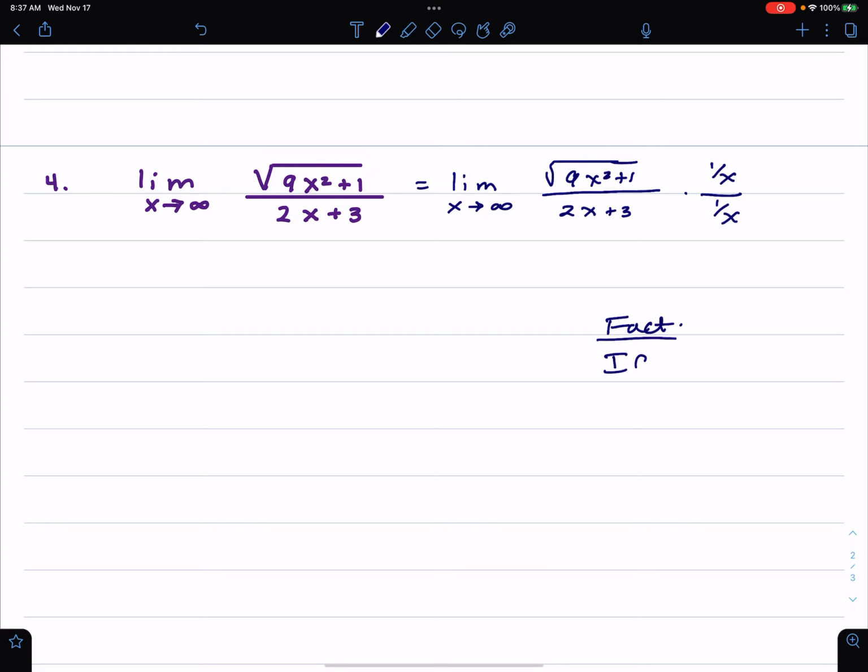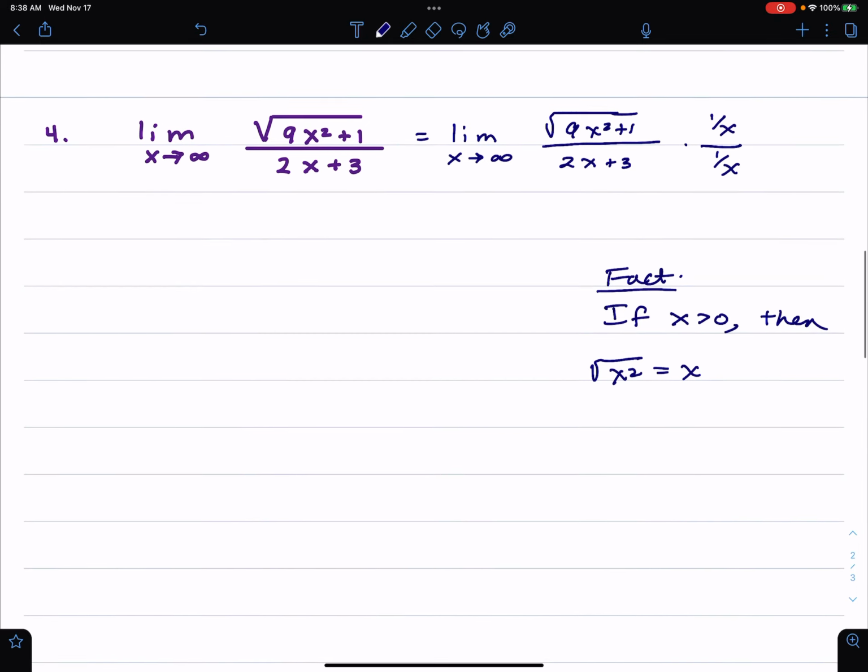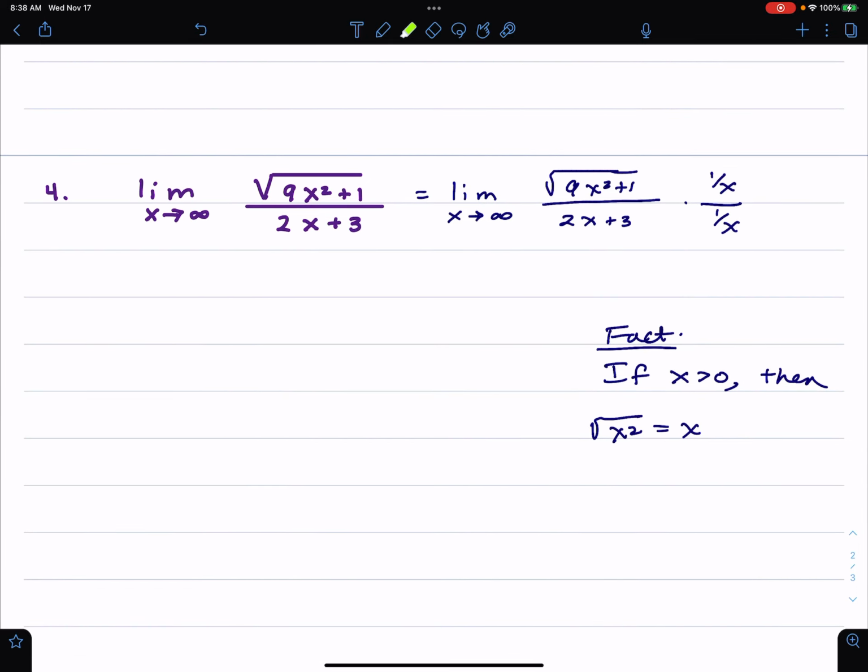If x is greater than 0, then the square root of x squared is equal to x. So this 1 over x can be expressed as the square root of 1 over x squared, because x is positive, those are the same thing.